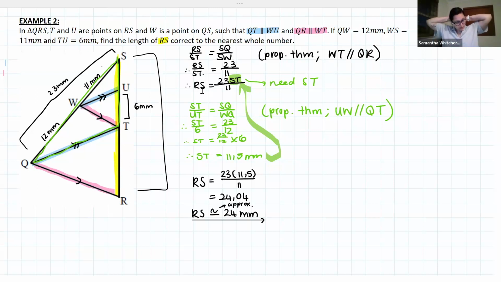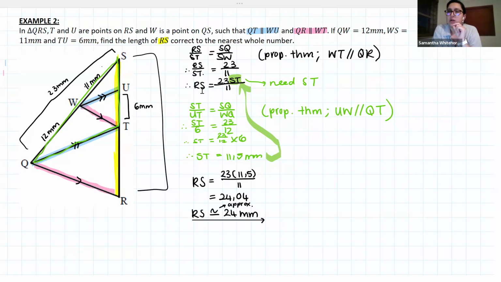We saw that we needed to work out ST still, so we did that using the other triangle, or the other pair of parallel lines I hadn't yet used, and then I could substitute that. Now, guys, this is again why I like this method. In the first question, we could clearly see X was going to be needed, and so that's why I said if you started by working out X, fine, awesome.